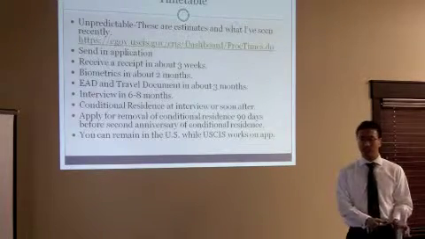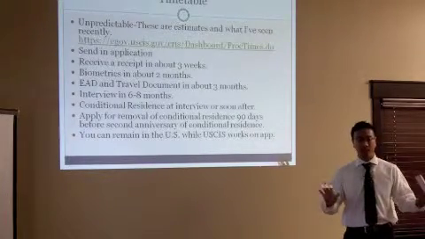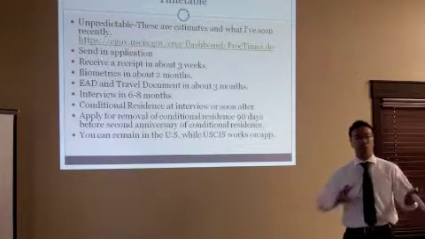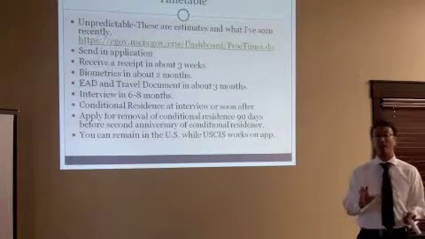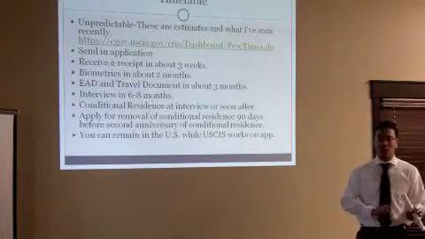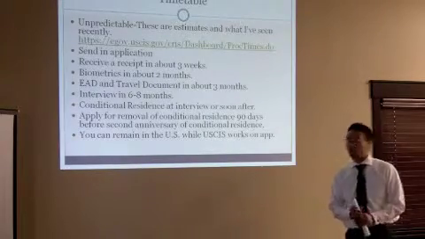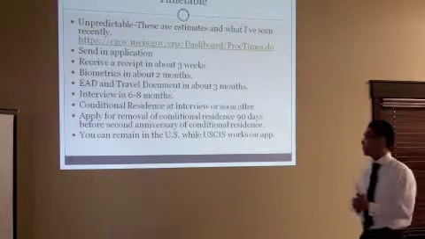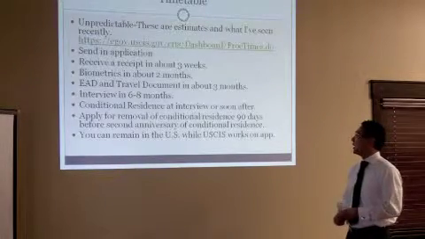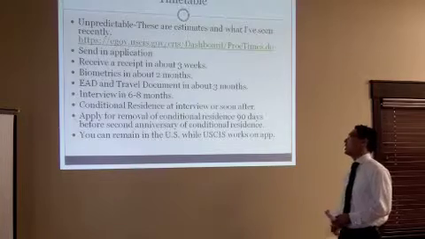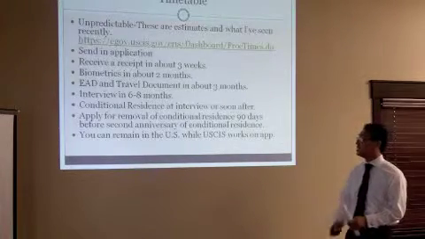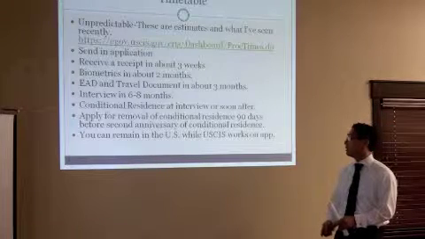But conditional residence is pretty much the exact same thing as a permanent resident. Okay, it's just that they're trying to check on whether your marriage is a real marriage. So it's just a temporary time, there are a lot of fake marriages out there. And you can remain in the U.S. while USCIS works on your application. Now, USCIS is the U.S. Citizenship and Immigration Service.